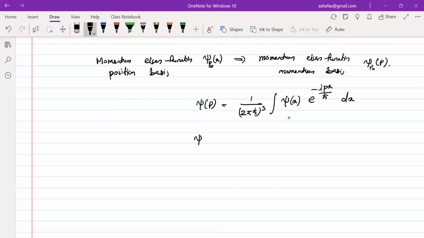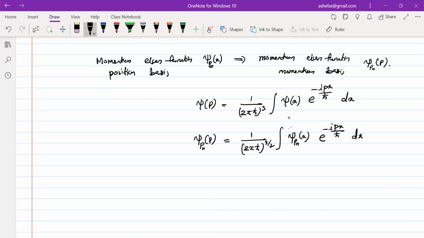So then psi Pn of p, the momentum eigenfunction in the momentum basis, can be written as 1 by (2 pi h cross) all raised to 3 by 2, integral psi Pn of x e raised to minus i px by h cross dx.